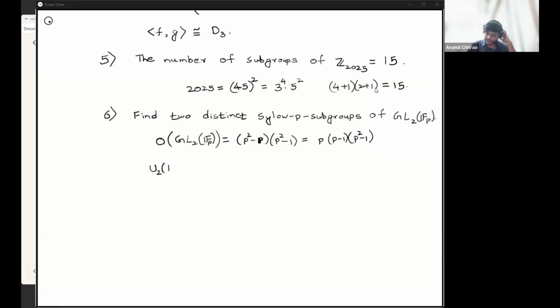Just so that there is no confusion, I'll write U2(Fp). It is the subgroup of this form: 1, u, 0, 1. Okay. So can you do something similar? Can you tell me a different Sylow p-subgroup of GL2(Fp)?